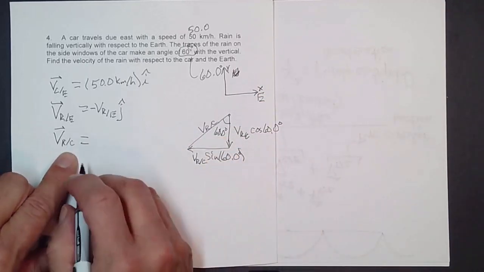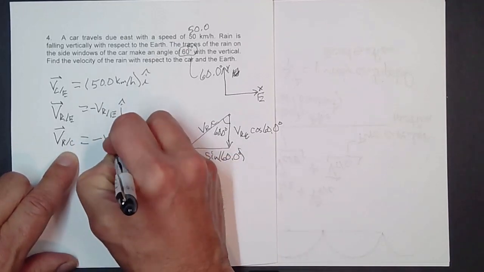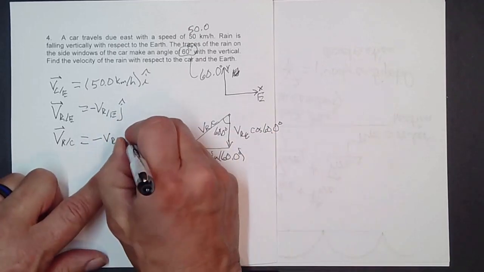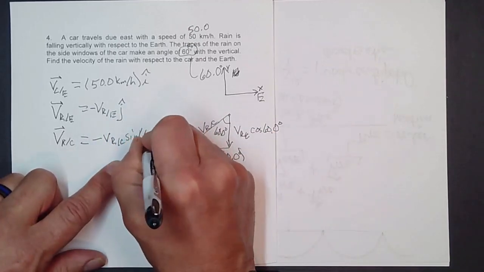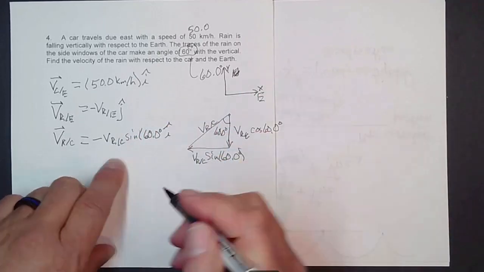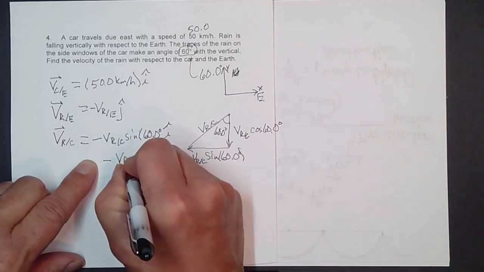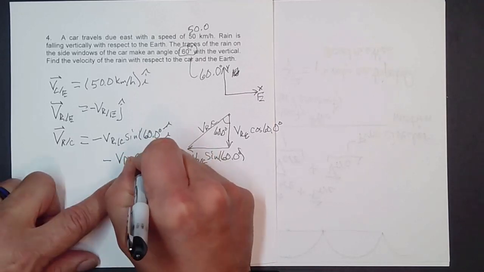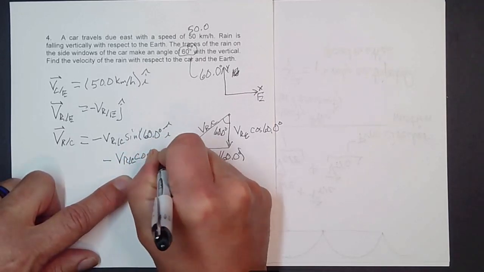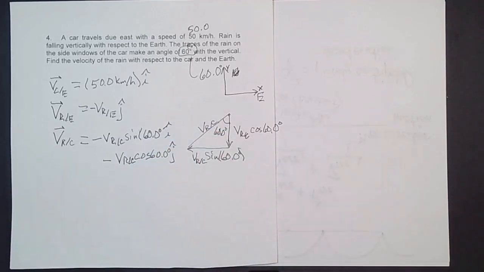So if I write this, it'll be minus VR/C sine of 60 degrees in the I hat direction, and minus VR/C cosine of 60.0 degrees in the j hat direction. And that was all just using information that they gave me. I was able to figure out those things.